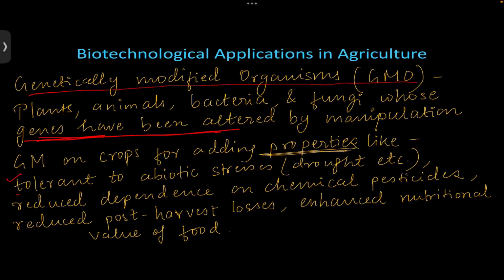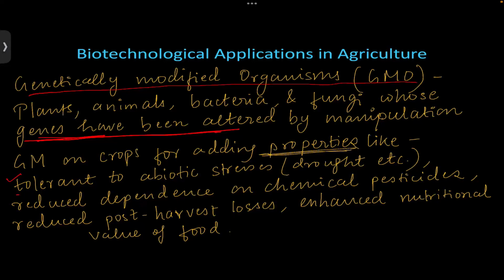These abiotic stresses, meaning non-biological stresses, often affect the yield of crops in normal conditions. But if we can introduce some kind of gene in the crops which makes them tolerant to these abiotic stresses, then even under drastic conditions like drought, people will have food to eat, correct?